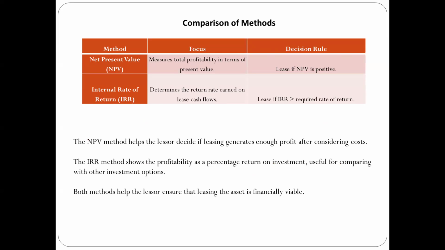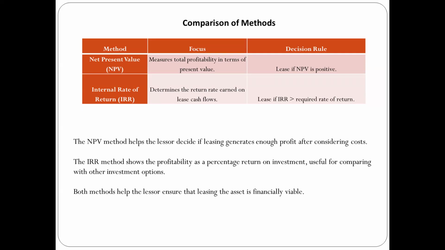Focus: measure total profitability in terms of present value, which means NPV calculates how much profit you will make in today's money. Decision rule: if NPV is positive, it means you are earning more than you spent, so you can go for the lease.